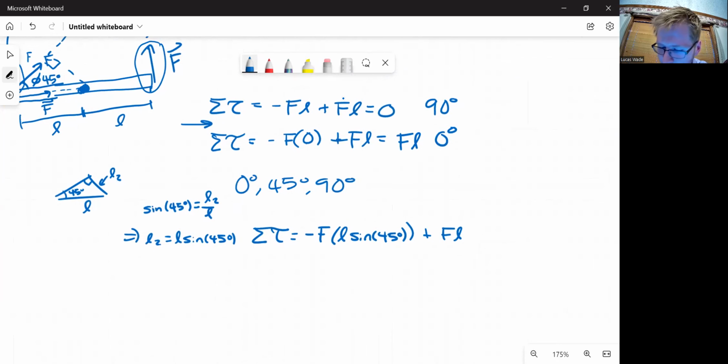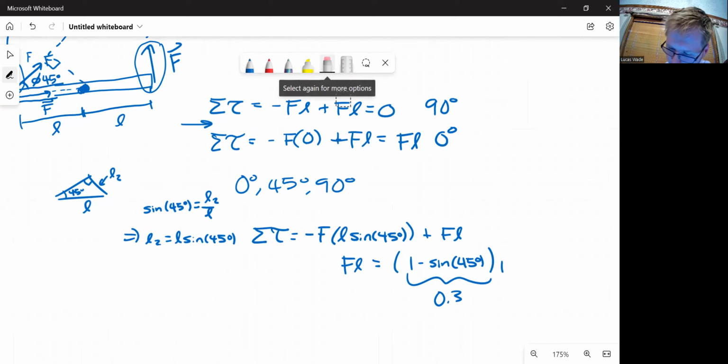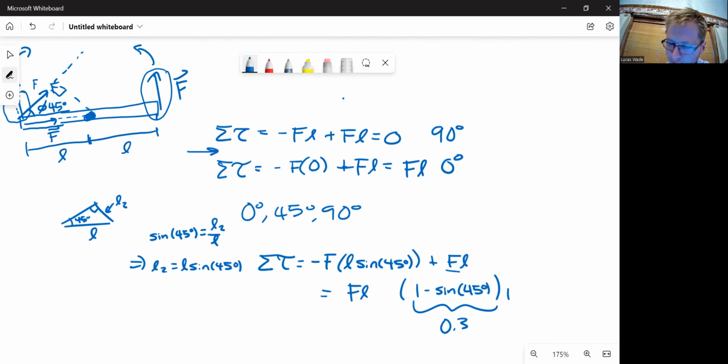And that's going to give us something that, we factor out, it's 1 minus sine 45. So I think that's about 0.3 or something times FL. Sorry, this should not be an equals. We factored out the FL. So it's like 0.3 of the largest possible.